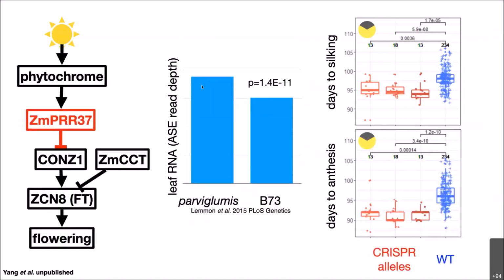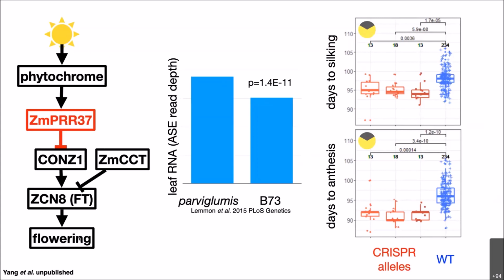We know that PRR37 is an important photoperiod gene in the photoperiod sensitivity pathway that helps the plant decide when to flower. We also can see that maize samples like B73 have lower expression of this gene than parviglumis. Mexicana has lower expression of the gene than parviglumis as well, so the expression data are consistent in that sense. Lower expression of this gene would lead to earlier flowering, which is the difference we see between Mexicana and parviglumis.